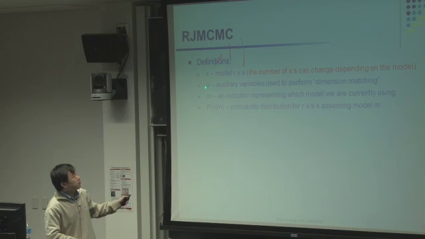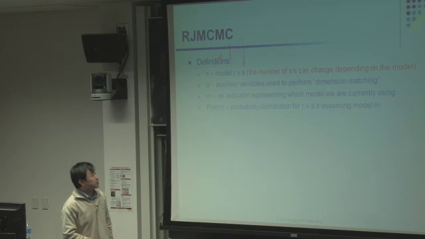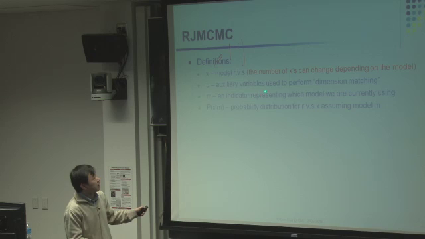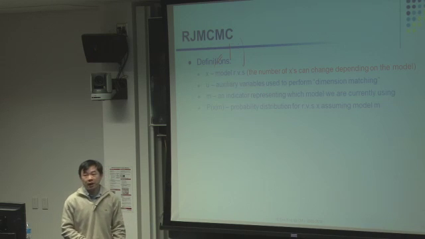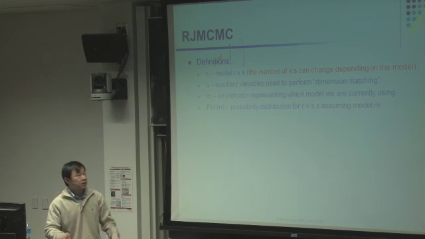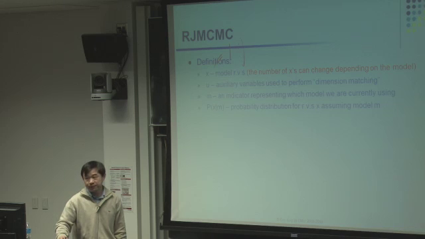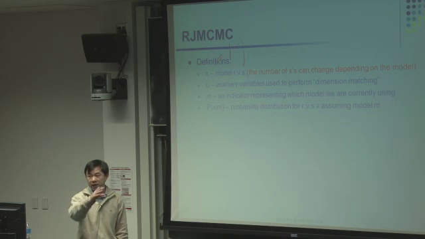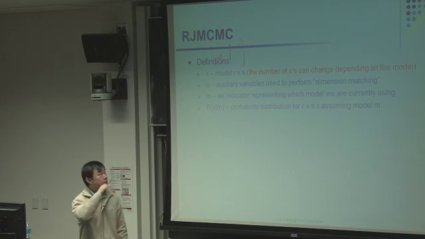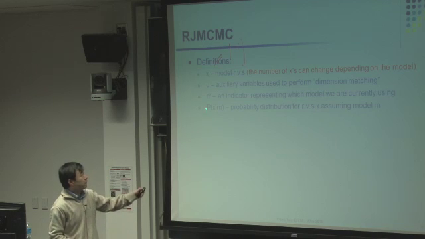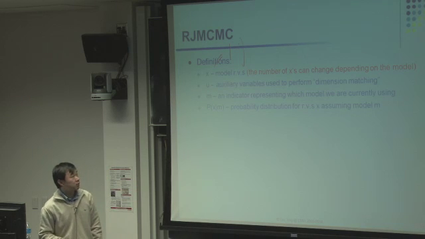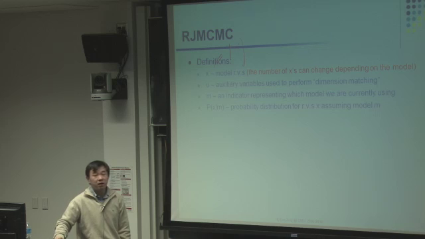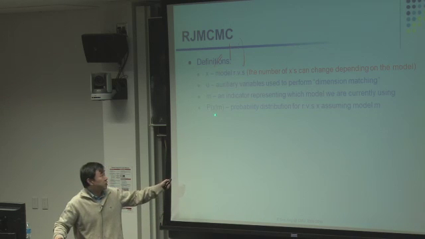Then I'm going to also introduce this U, which is an auxiliary random variable. It allows you to perform the so-called dimensionality matching. So how can you move from a 2-dimensional model to a 3-dimensional model? Then I have this M, which is an indicator representing the index of that model, model 3 or model 2. Then I have the distribution, the usual one.